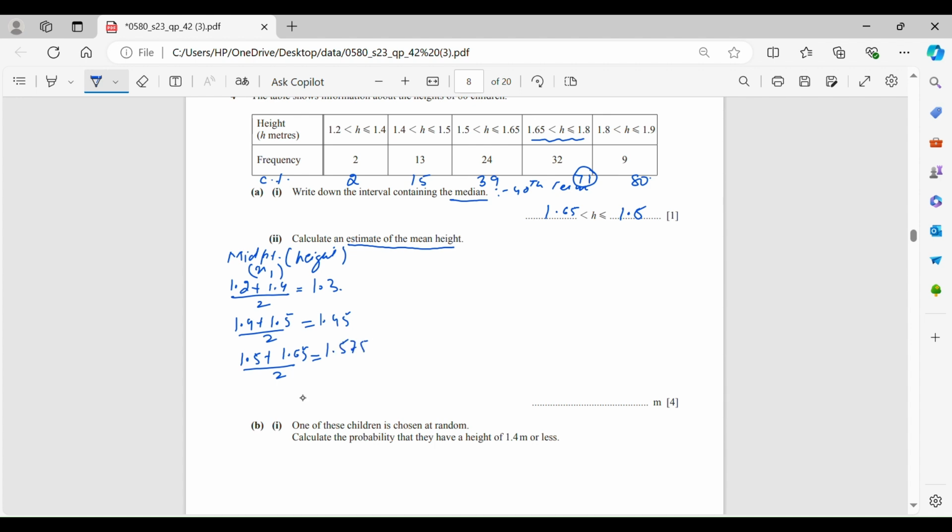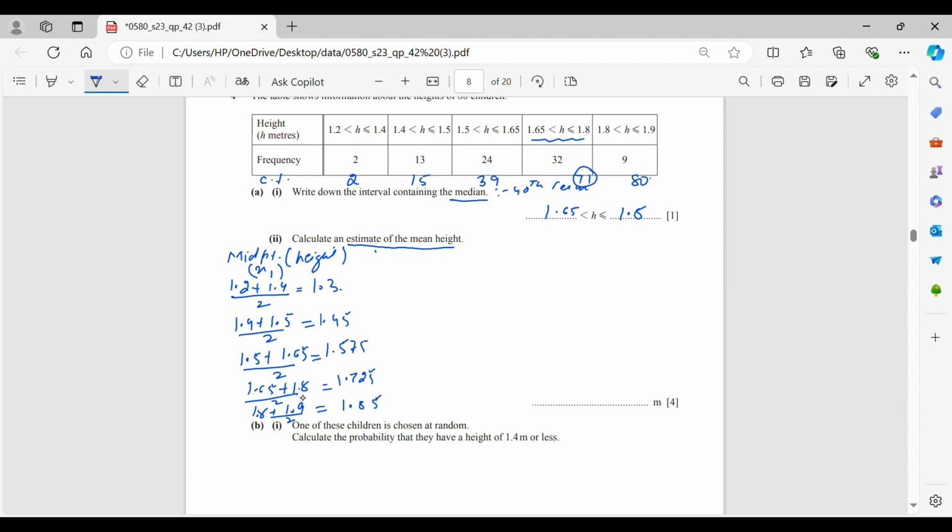Next will be 1.65 plus 1.8 divided by 2, which will be equal to 1.725. And next will be 1.8 plus 1.9 divided by 2, which will be equal to 1.85.